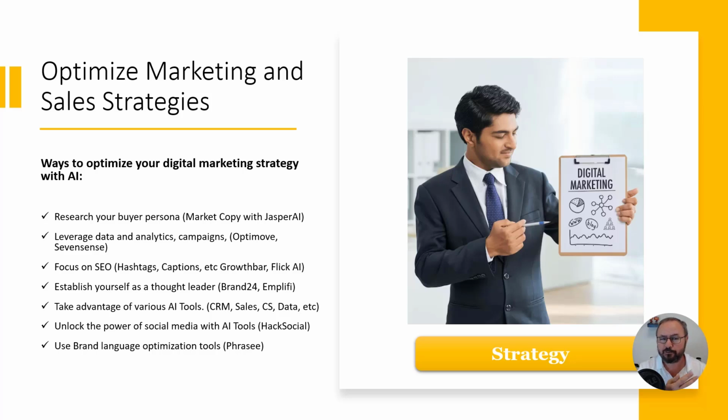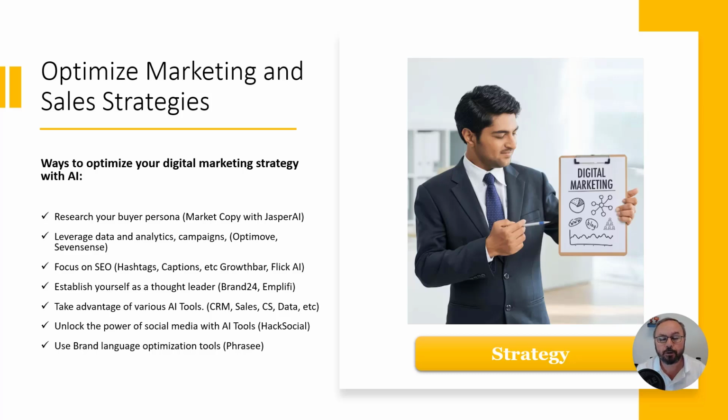Now, what about SEO? There's a lot of different approaches to SEO, a lot of great tools that are not AI-based, but there's also AI-based tools as well. When it comes to SEO, that could be looking at how we handle hashtags, what are our keywords, for example, captions on our blog posts, just as an example.